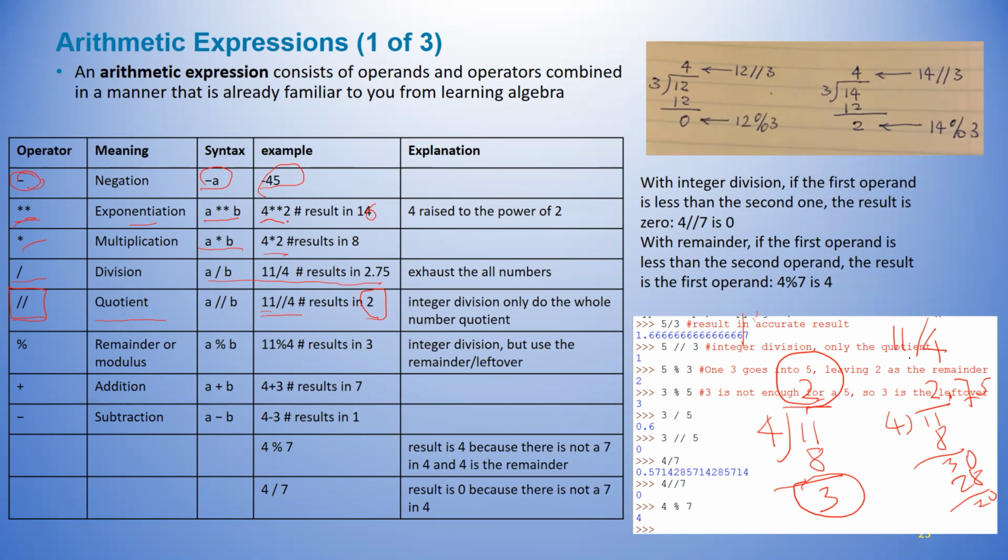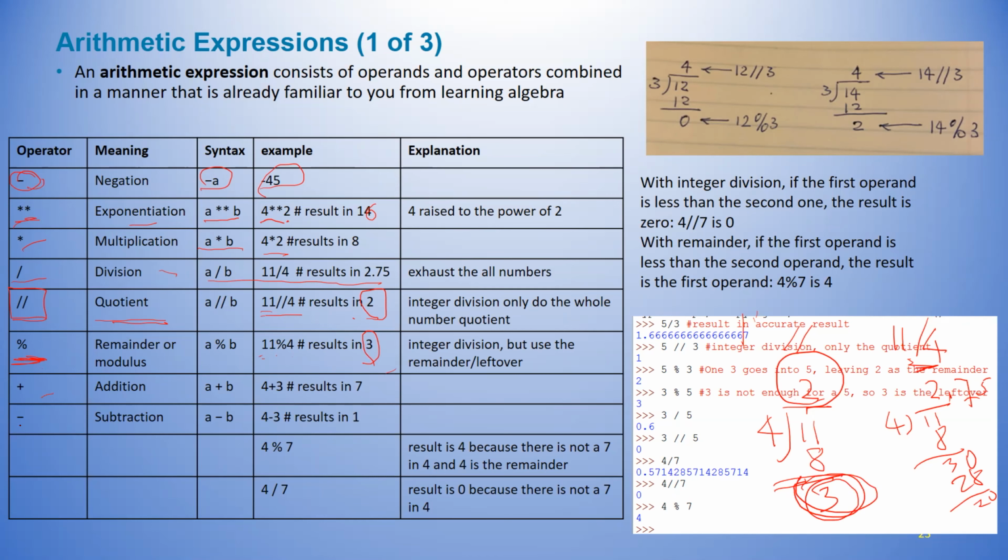So this will be this, and this is this. That's the difference. That's quotient, that's division. And this is the percentage sign, but it's called remainder. That means it will give you the remainder. So it's 11 divided by 4 and the remainder, which is this one. That's the remainder.